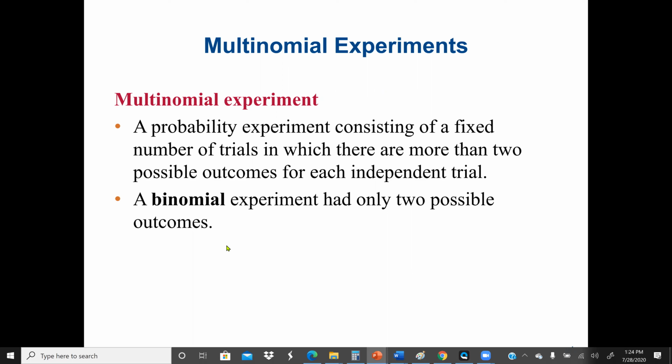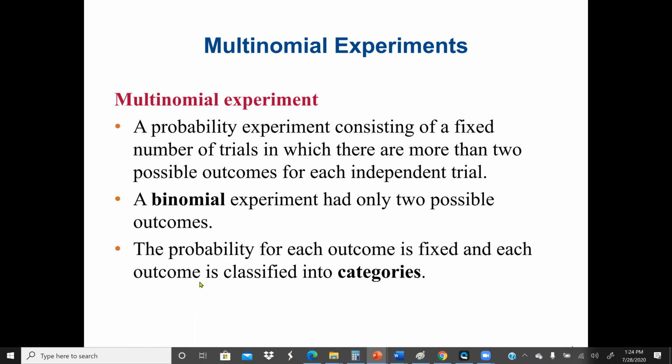I think we went through the binomial experiment when we covered the probability distribution concept. Also, the probability for each outcome is fixed, and each outcome is classified into categories. And we're going to see an example soon.